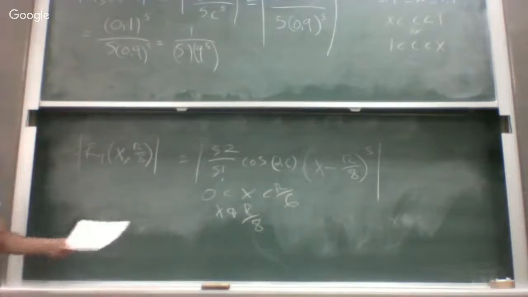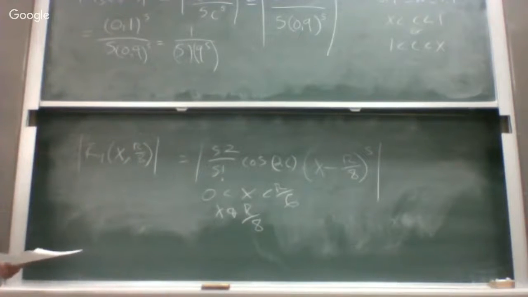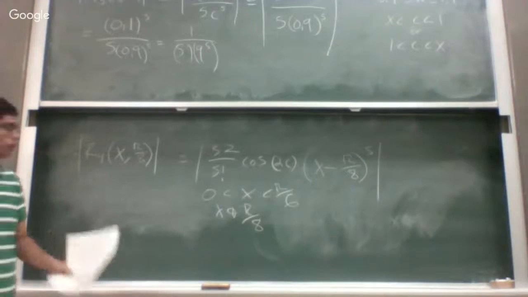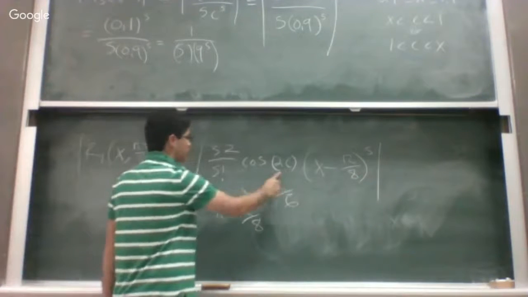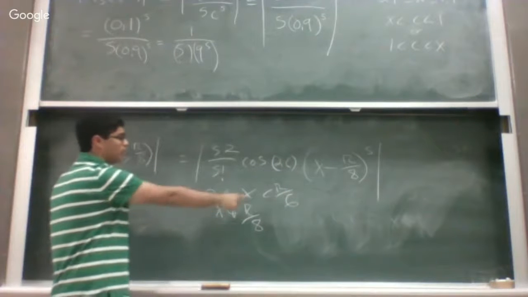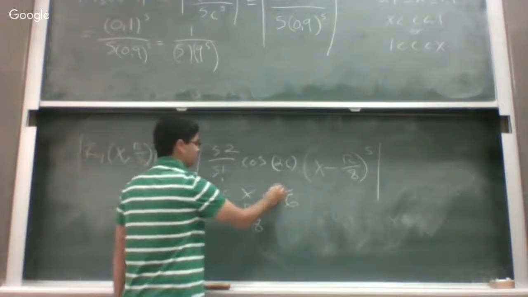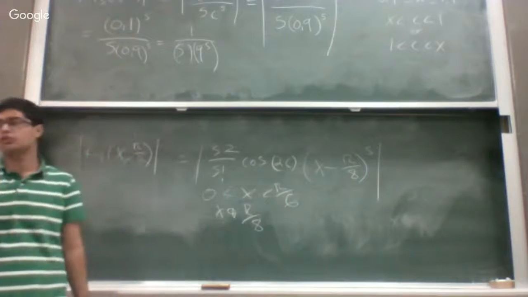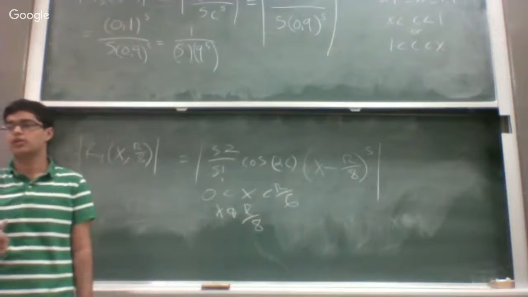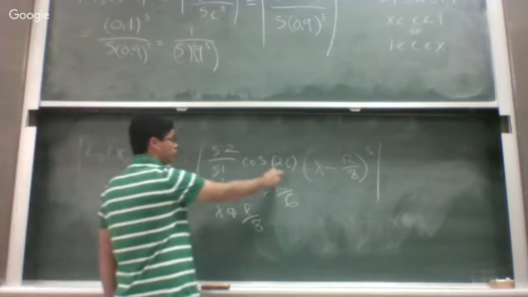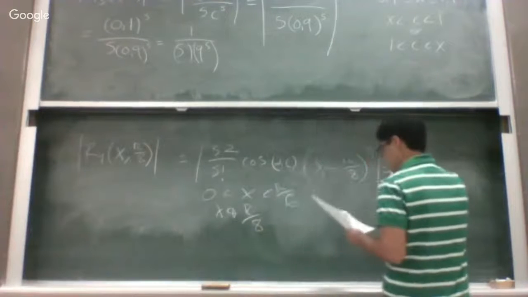We have to figure out what we can plug in to make this the maximum error, okay? Cosine will be maximum with 0 or pi over 6? With 0, because then cosine is equal to 1. So we'll choose 0 for our c value.